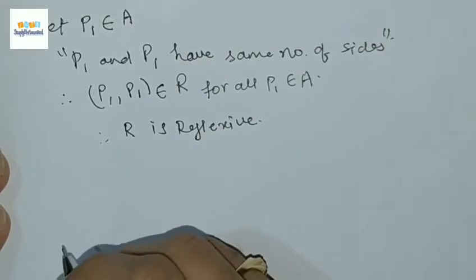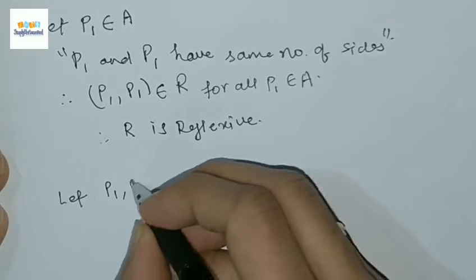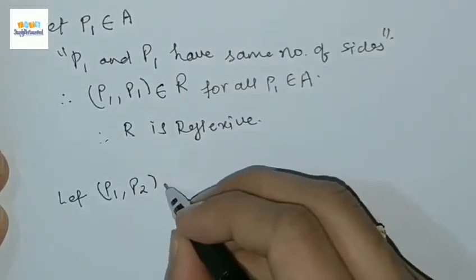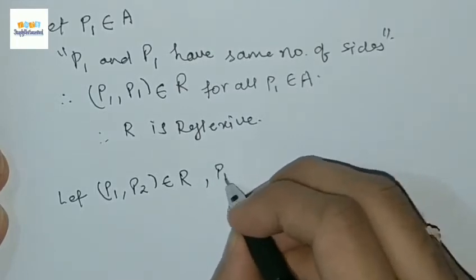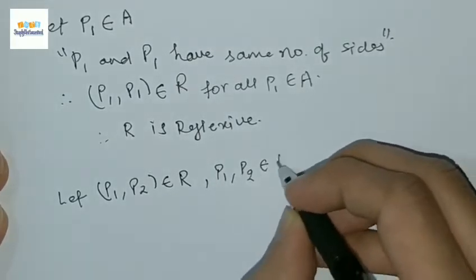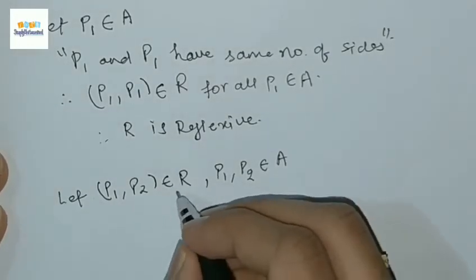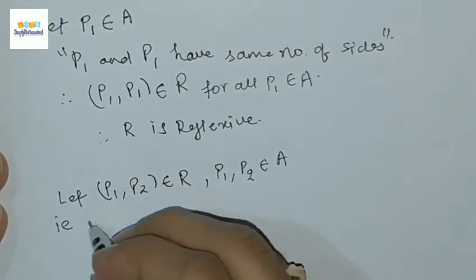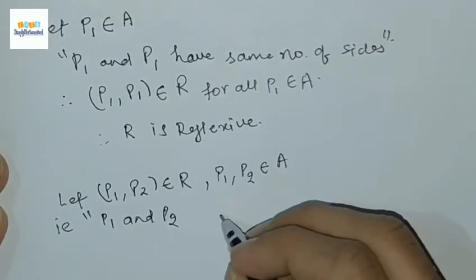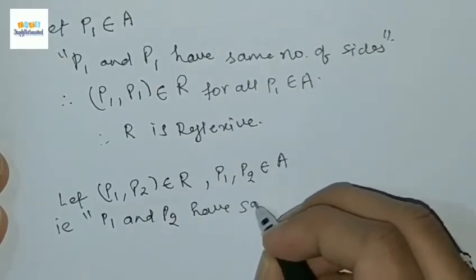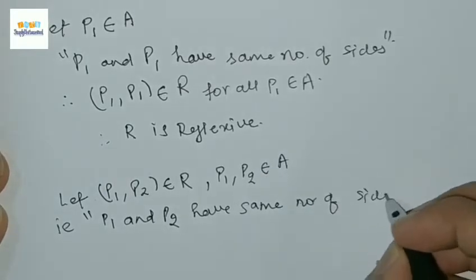Now we will prove that R is symmetric. So let P1, P2 belong to the set R, where P1 and P2 belong to the set A. Since P1, P2 belong to the set R, that is P1 and P2 have same number of sides.